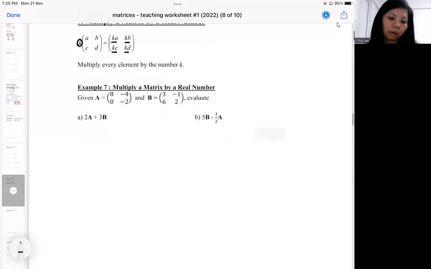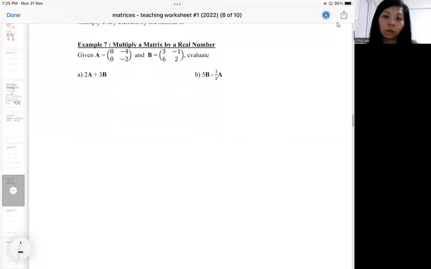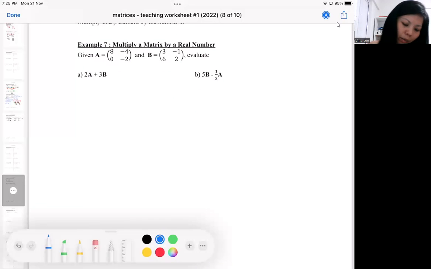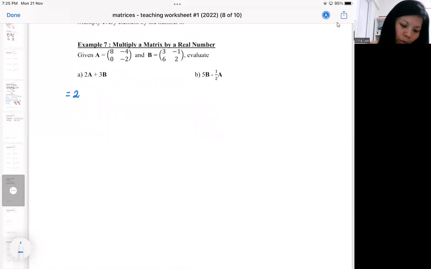So it doesn't change the operations that you have learned about addition and subtraction. In a way, we will multiply first and then we will do the adding up. So 2 times A plus 3 times B. So actually this one is very easy.